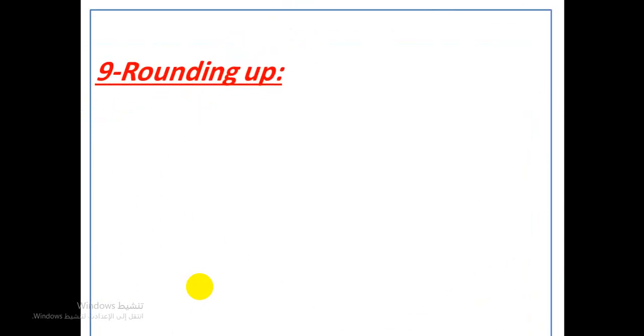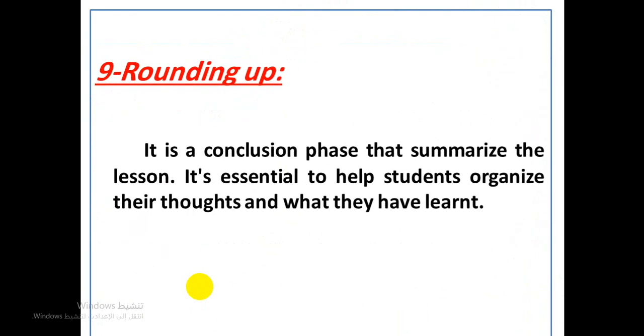And we have rounding up. What is rounding up? Rounding up is a conclusion phase that summarizes the lesson. It's essential to help students organize their thoughts and what they have learned.